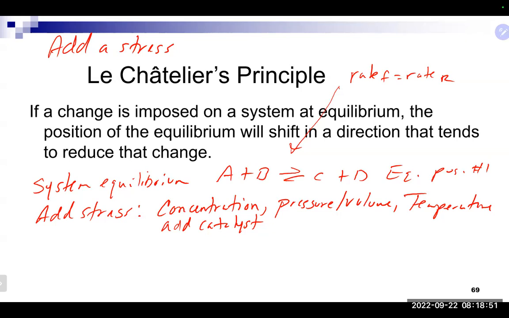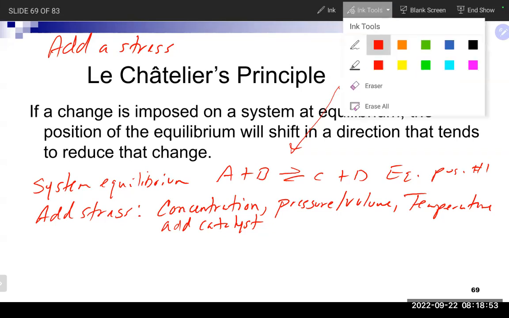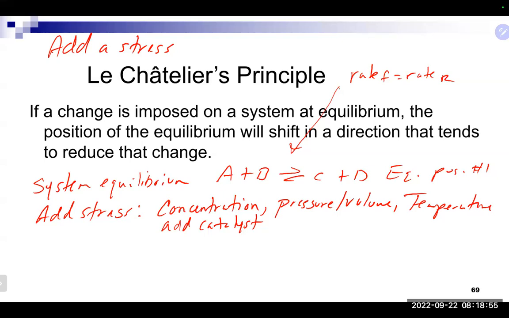So the system above is going to be kind of screwed up by you doing something to it. It's going to want to return to equilibrium. And there are really three things that could happen when you add a stress to a system that's at equilibrium.